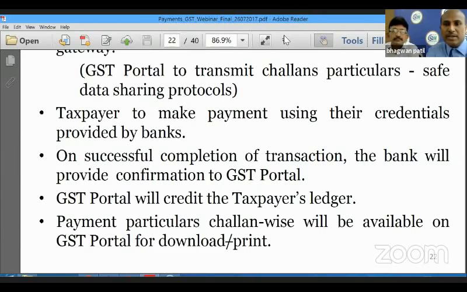So these are the detailed things. This is the process flow which you are seeing on the screen. This is almost the same which you have already seen. So this is again the process flow, and this is the electronic cash ledger. Sir would like to talk about the electronic cash ledger.